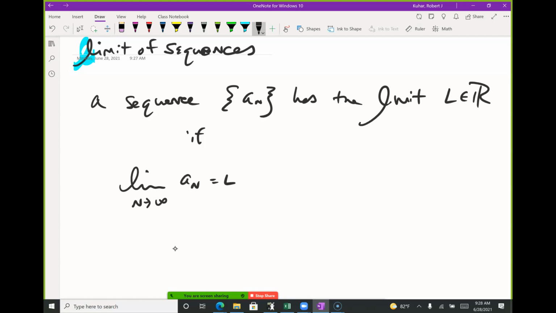So very much like our old limits, we're looking at these limits of these sequences. Do they have limits, right? Or are they unbounded, or are they oscillating?